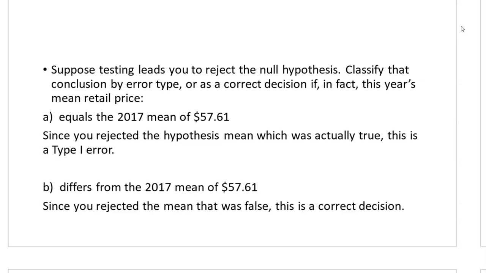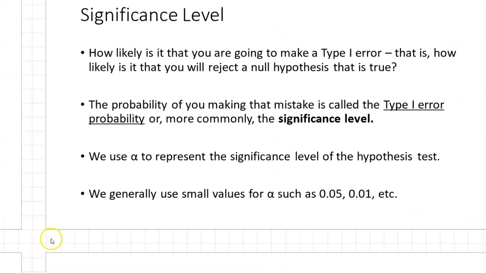That's a correct decision. So between the type 1 error and a correct decision: if I rejected the null hypothesis, but it was actually true, that's a type 1 error. If I rejected the null hypothesis and it was false, then that's a correct decision. That's what I should have done.